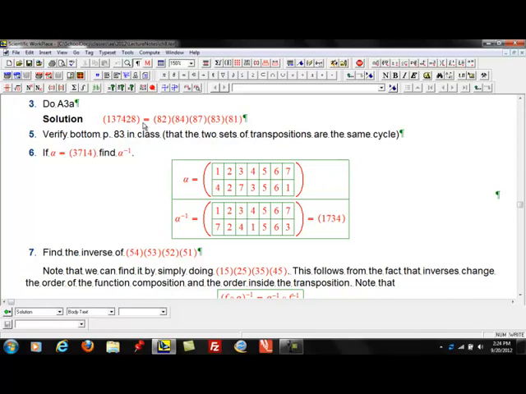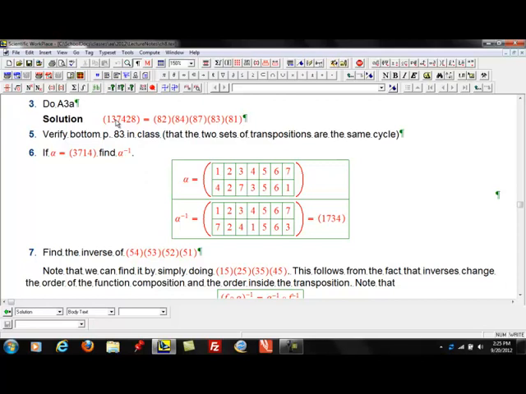Now, how does this work as transpositions? If we were just trying to figure out where this gets mapped to, choose 1, where does that go? 1 goes to 8. Now you go over. 8 goes to 3. 3 doesn't appear anywhere else, so you're right here. 1 indeed went to 3.